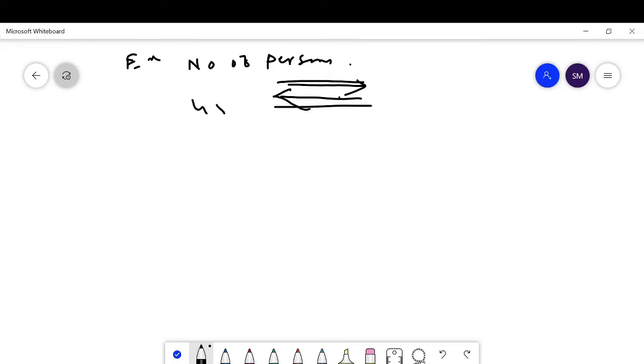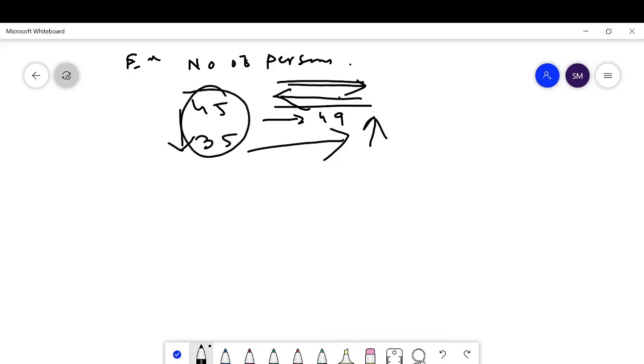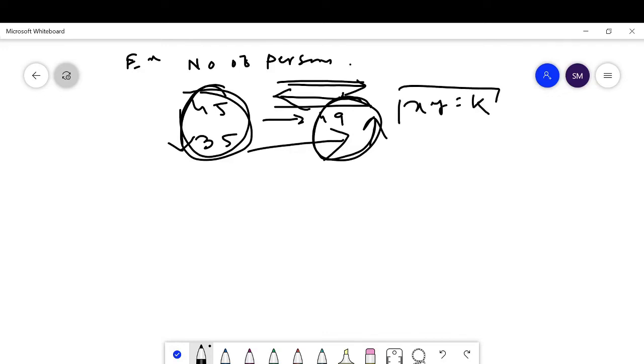If 45 men complete the work in 49 days, when the persons become 35, then the number of days must increase. The number of persons decreases, but the number of days increases. Then this is inverse proportion. When the number of persons decreases, the number of days increases. When the number of persons increases, the number of days decreases. Here this is inverse proportion, then we use xy equal to k constant.